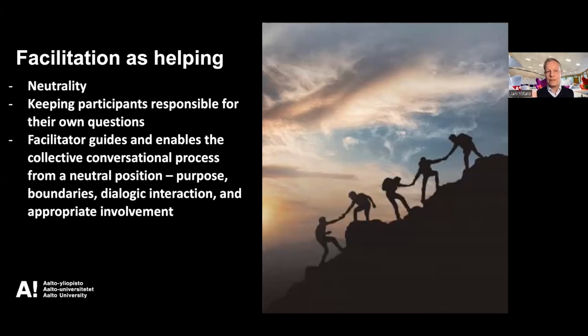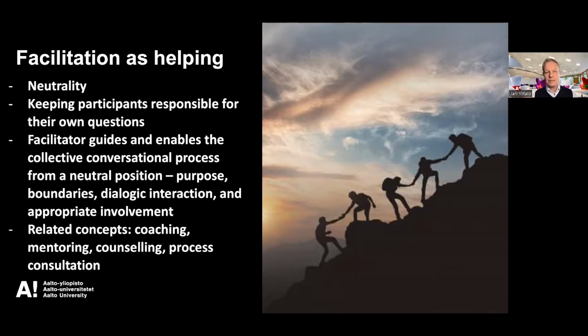So the facilitator guides and enables the collective conversational process from neutral, keeping in mind the purpose, boundaries, enabling dialogue, interaction, and also inclusive interaction and appropriate involvement. It doesn't mean that everybody must take airspace in the same way, but that everybody has the possibility to say and contribute. So that's one thing.